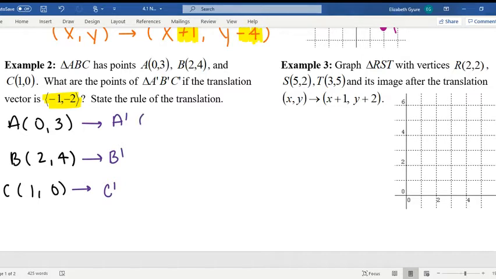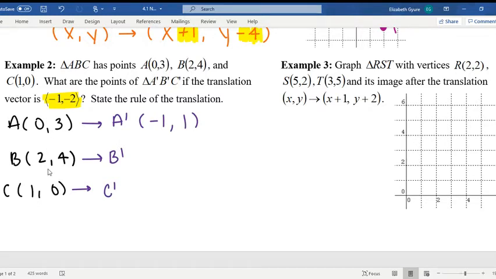Okay, so A prime, ladies and gentlemen, what is 0 minus 1? -1, guys. Elle's not the only person in class. So 0 minus 1 is -1. What's 3 minus 2? 1. So that's my A prime. That's what I would get if I went left 1, down 2.